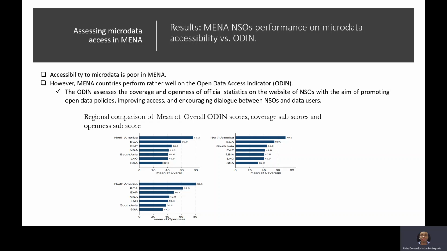Now, the ODIN assesses coverage and openness of official statistics on the website of NSOs as well. And for ODIN, in the 2018 ODIN, MENA does better than South Asia, Latin America, Sub-Saharan Africa, and it's at par with East Asia.